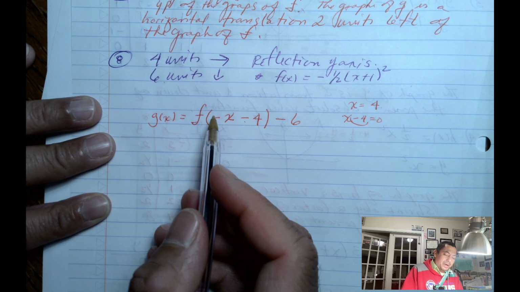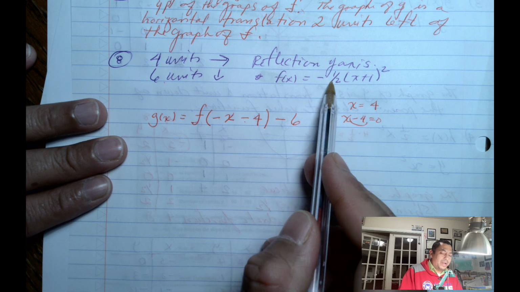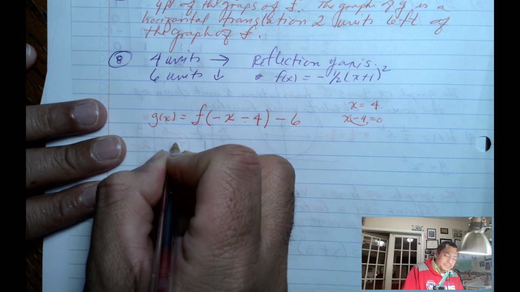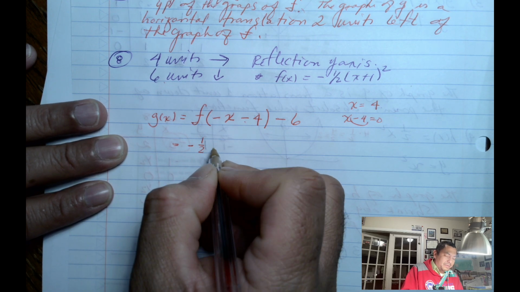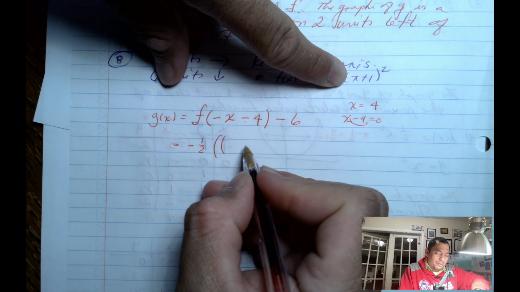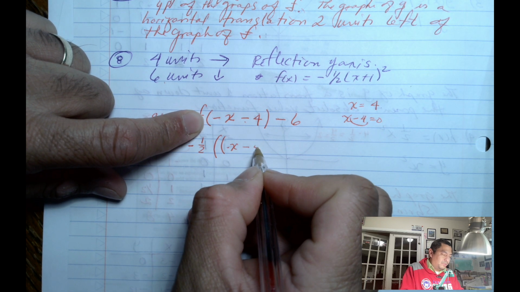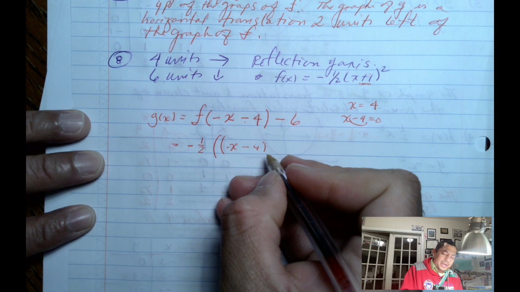Now, let's simplify this one. Remember that the function is f(x) = -1/2 (x + 1) to the second power. Now what I'm going to have is -1/2, and I'm going to open a parenthesis, having the x value, in this case, negative x minus 4, plus 1. See the plus 1 here?